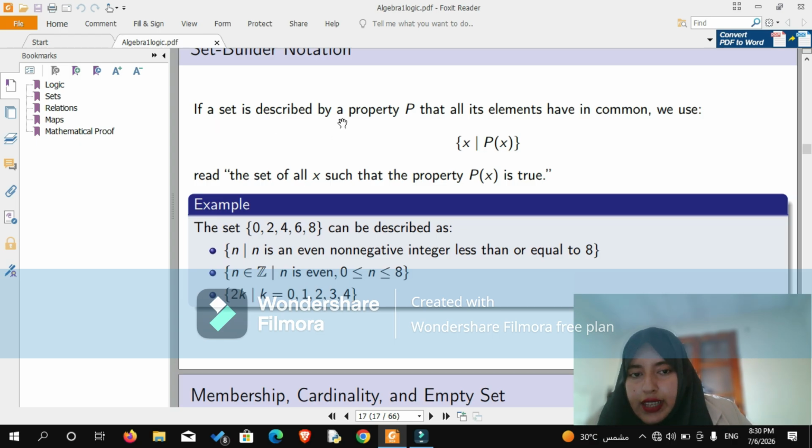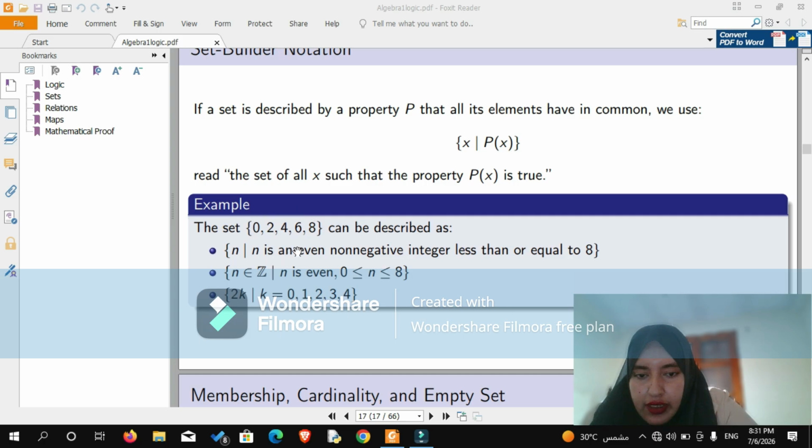If a set is described by a property P that all elements have in common, we write the set of x such that P of x, where this line reads 'such that'. Let's take an example to make things clear. Suppose the set is 0, 2, 4, 6, and 8.